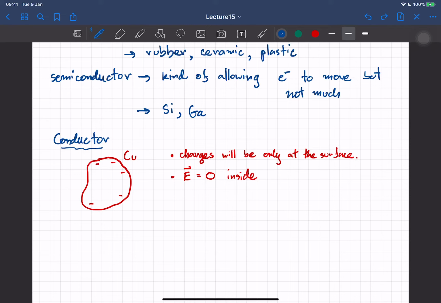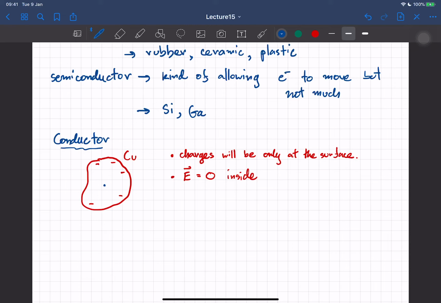It's just that the electrons inside the conductor are balanced out by the number of protons. So in total, it's electrically neutral. Okay? This is a very important point. I say that charge will always be at the surface, but it doesn't mean inside the material itself there are no electrons or no protons, because they're still there.